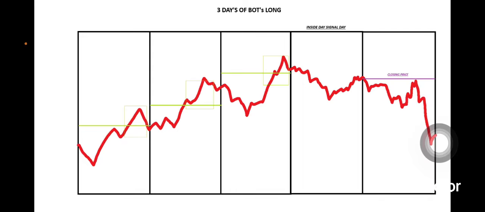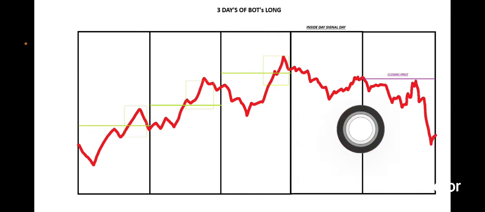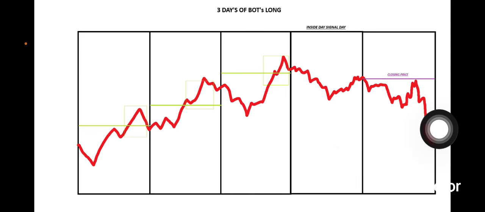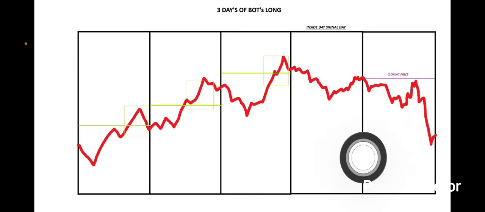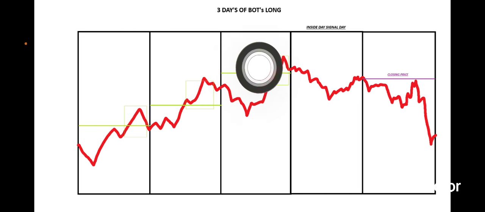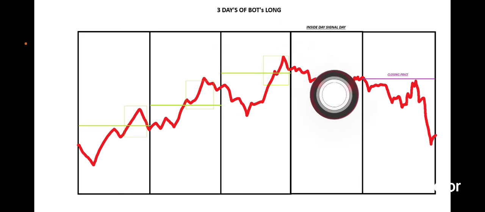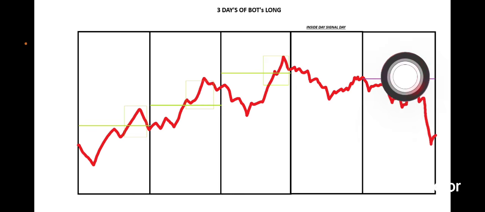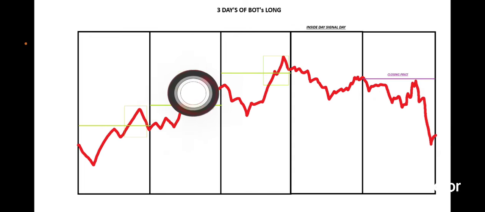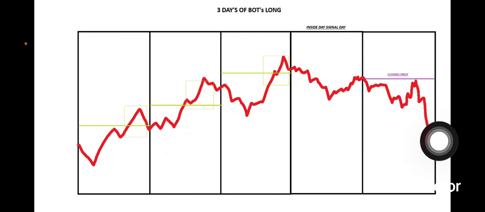We could get the trade on that third day of breakout traders long, or we could get it the following day. In this case, I've decided to really throw you for a loop and show you how we don't get it on that day 3, and then the next day we get an inside day, and then the trade happens the following day. So a whole 5-day sort of template. But this could happen. We just need to be paying attention.